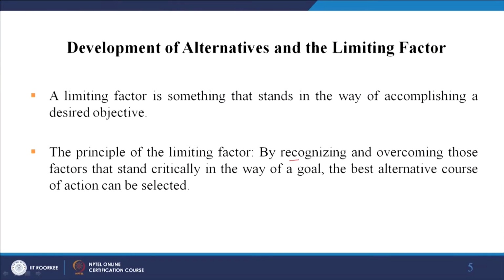So, first, overall analysis, because what they are talking about here is recognizing and overcoming. Please understand, overcoming. If overcoming those factors is possible, try to overcome those factors that stand critically in the way of a goal. These are the points which may affect our rational decision, and that is the critical standing for achieving that particular goal.